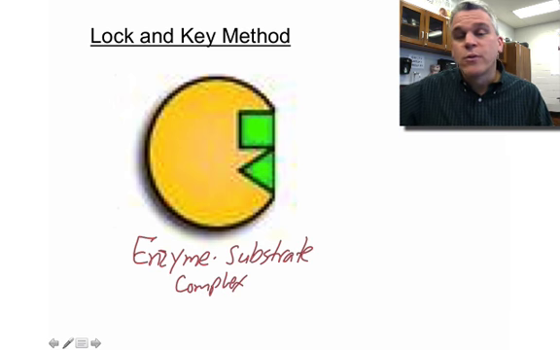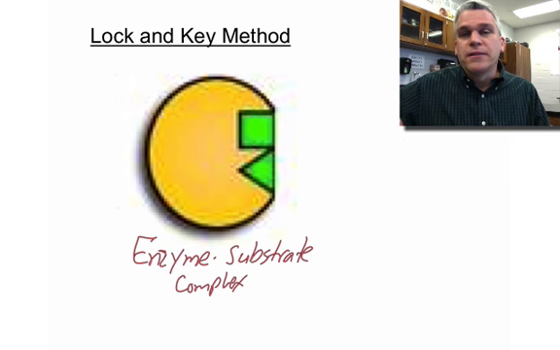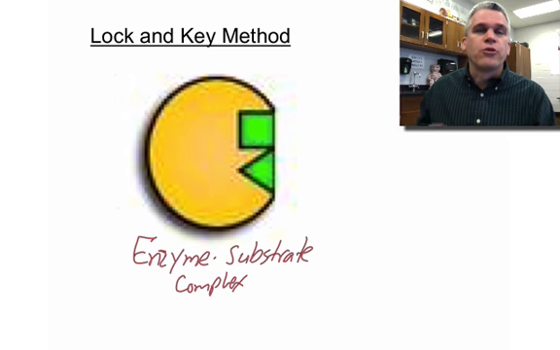Now, if this substrate was any other shape, it would not be able to fit in that active site, and so this enzyme would not be able to work on that. This is what makes it specific to the reaction.